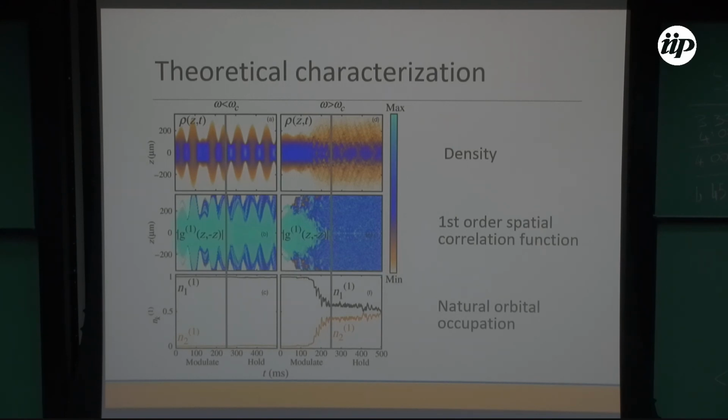So the theoreticians got pretty happy because it was one of the first times that they had an experimental result to play with and try to match, and they are very happy with that agreement so far, even though to us it's more qualitative than quantitative.